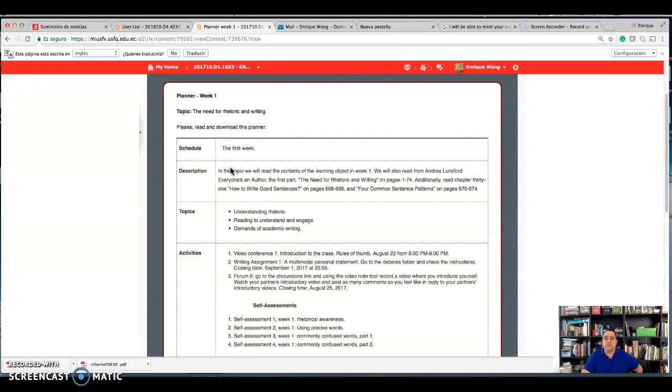For example, you have here the schedule. For the first week, I didn't include the dates, but it's just the first week beginning on Monday and going through Sunday. My weeks begin on Monday, and Sunday is the closing time for most of the activities for the week.